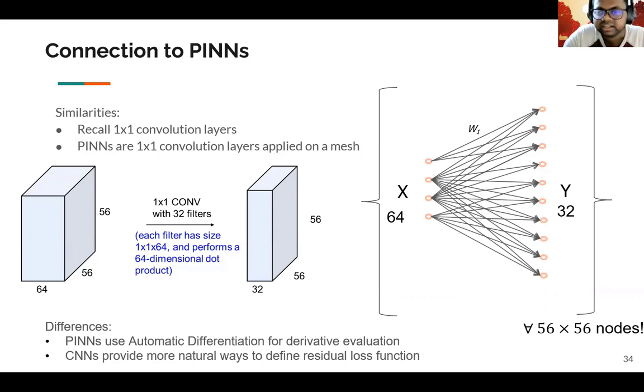As we saw earlier, physics-informed neural networks take in a spatial domain X and time domain T as an input and then predict an output U. Now consider one intermediate layer of that particular physics-informed neural network, where your intermediate latent representation is say 64 dimension, and it goes to 32 dimension. Now, I will bring in an analogy that say you perform this kind of an operation on 56 by 56 uniformly defined nodes.